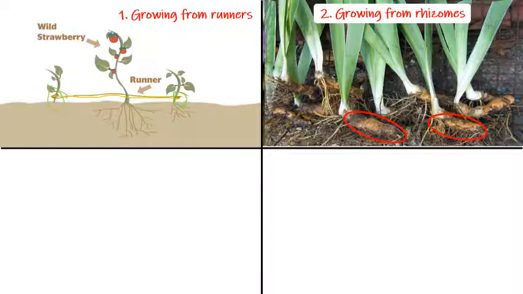Roots and buds develop at the nodes and grow into new plants. So the iris plant is one of the plants that grow from rhizomes. Rhizomes again are underground stems that grow near the soil, and then these rhizomes will grow into new plants.